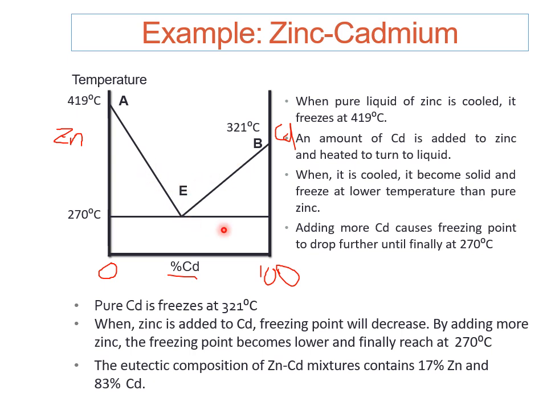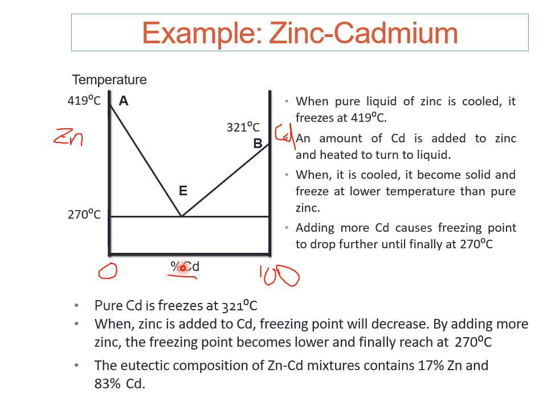Adding more cadmium will cause the freezing point to drop further, and finally they reach 270. They reach together at 270 and they melt together at 270. At this point the percentage of cadmium is, for example, 70% here, which means you have 17% of zinc and 83% of cadmium.